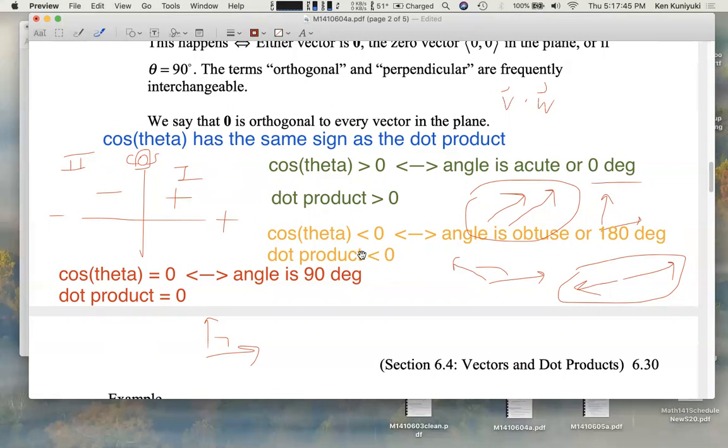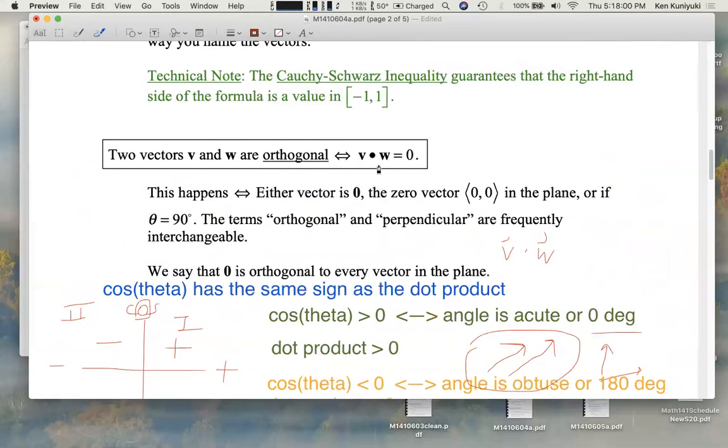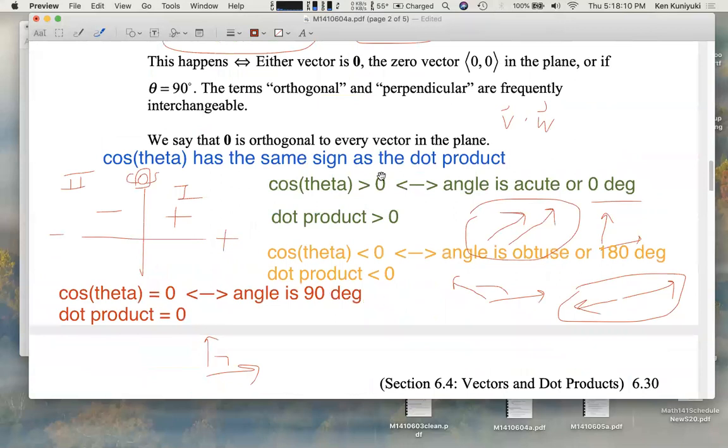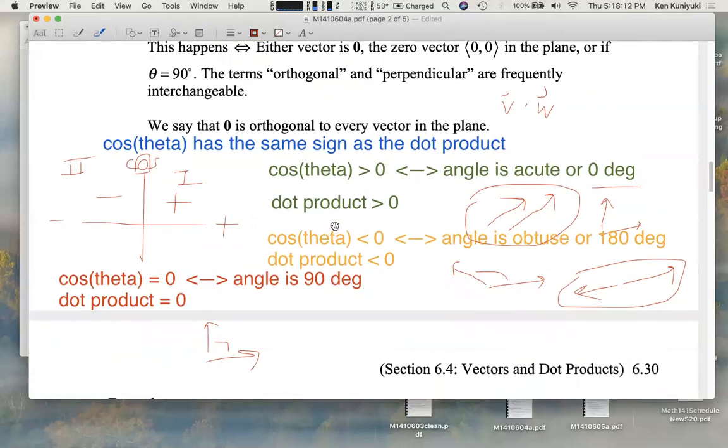If the dot product is negative, that means the angle between them is obtuse, or they point in opposite directions, 180 degrees. If the dot product is 0, that means you have a right angle. Again, that's this over here. Two non-zero vectors have a 0 dot product if and only if they are orthogonal or perpendicular. Great rule. And again, the sign of the dot product tells you the nature of the angle between them right off the bat.